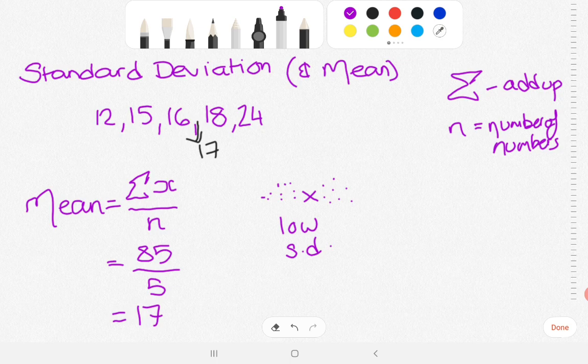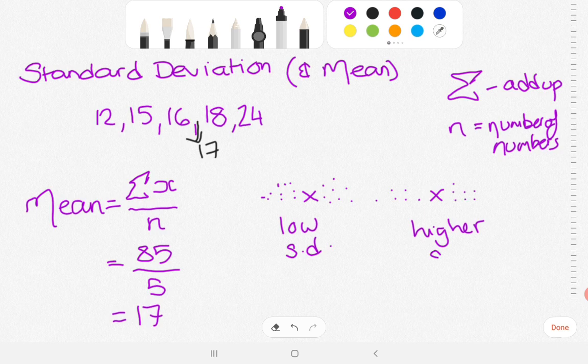And those words we're going to come to in the next video when we look at comparing standard deviations. So just bear that in mind, this idea of variance or consistency. If a standard deviation was higher, then your mean might be the same, or it might be different, but your data values, so the numbers that you're working with, might be much more spread out.